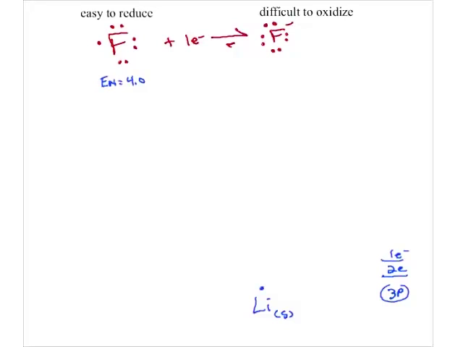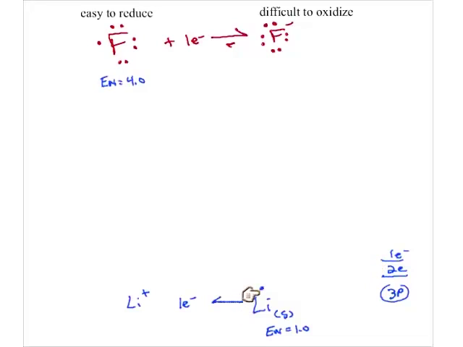So lithium really wants to get rid of that electron. So lithium would prefer to be oxidized to produce that 1 electron and a lithium ion, because the electronegativity of lithium is really low. It's 0.9. On your periodic table, it's actually 1.0. So it's relatively weak. It wants to get rid of that electron because it wants to have the configuration of helium. It wants to get that noble gas configuration.